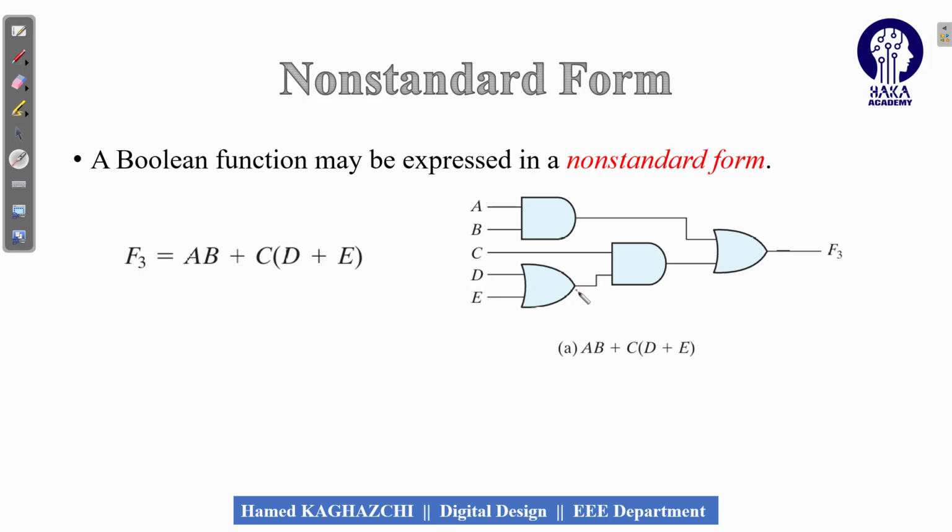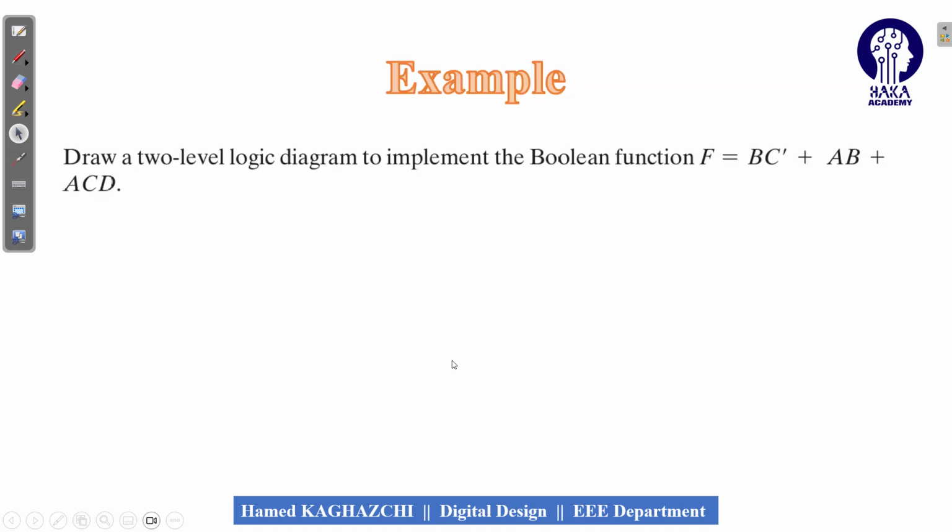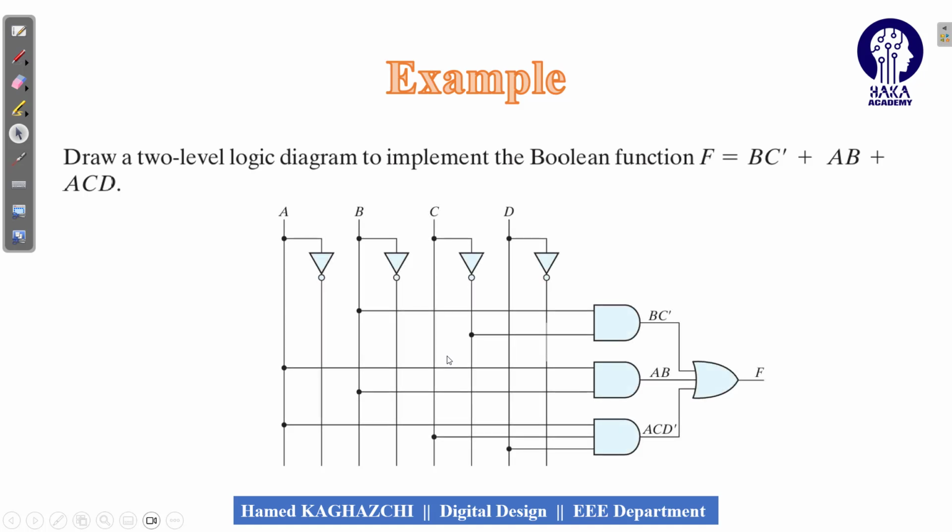So it means that the delay time of this path is greater than the delay time of the functions that are written in the form of SOP or POS. So as an example, if I want to implement this function, you can see that in this form we can do it. Here we will have BC prime, AB, ACD, so the result will be ORed in this form that you can see.